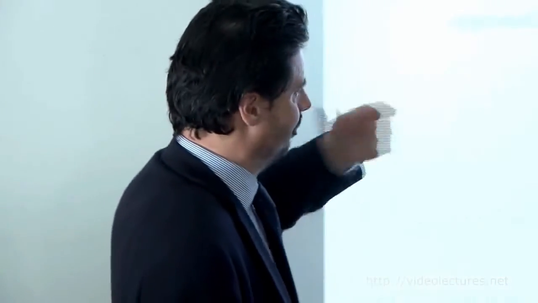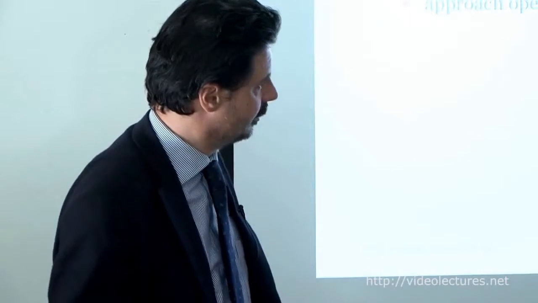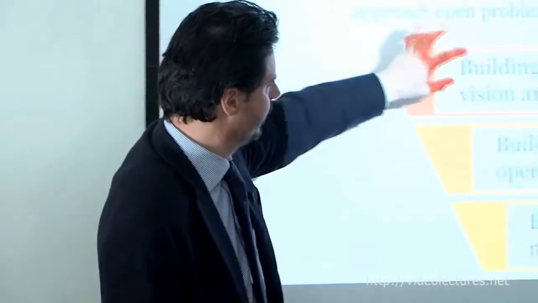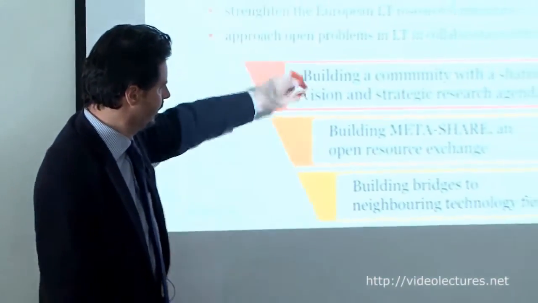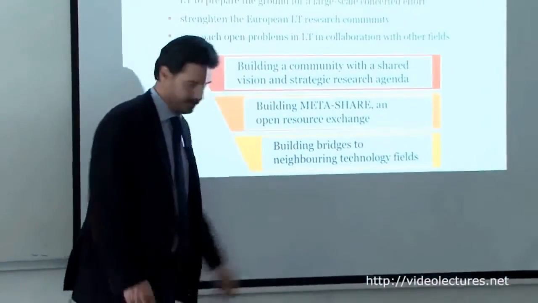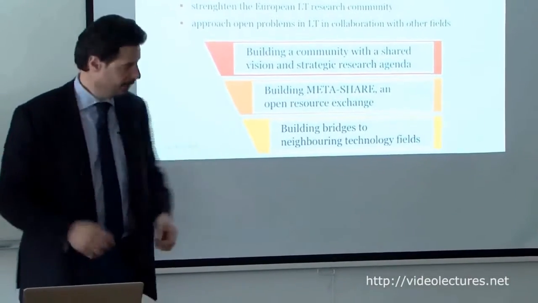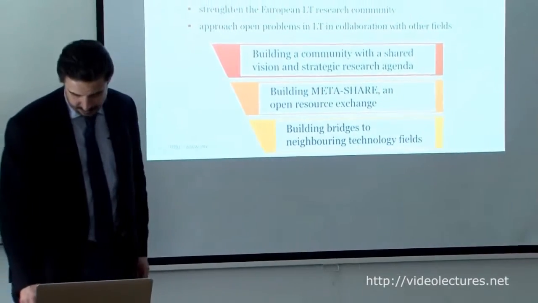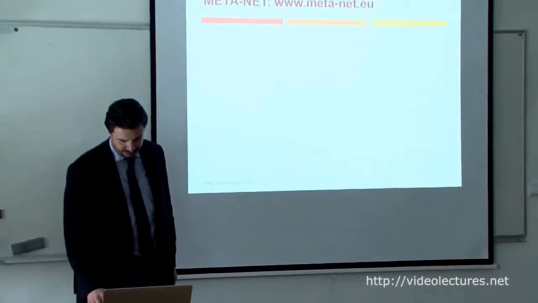In fact, in one of the first definitions of AI, using natural language is an integral part of it, isn't it? So the idea is, of course, to approach these open problems in collaboration with other fields or communities. So these are the so-called three layers. We wanted to build a community, build a META-SHARE, which is an open resource exchange platform, and later I will say something about it, and of course build bridges to the neighboring communities.